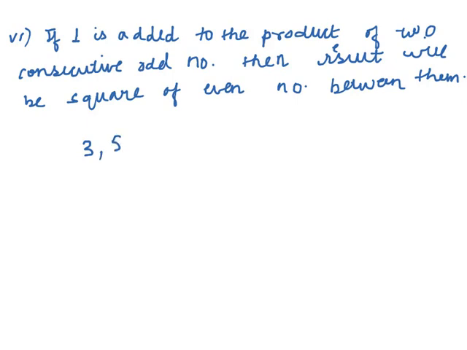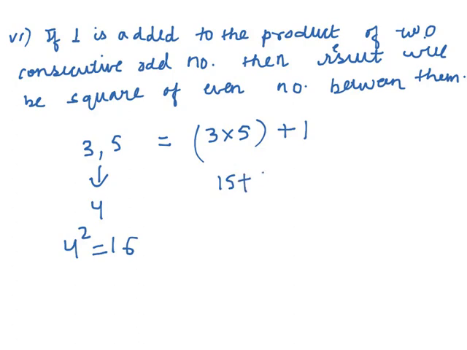We are multiplying them and adding 1 to the product. So what will we get? We should get 16 because the only even number between them is 4 and the square of 4 will be 16. So 5 times 3 is 15 plus 1 will give us 16 only.